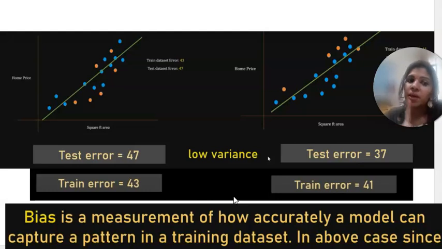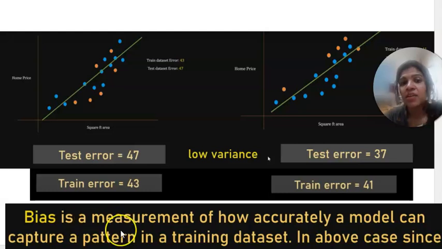Bias is related to the generalizability of the model. The model which we trained on the data set should have a general pattern to capture the unseen data also, that is test data also. But in the above case, our trained model failed to capture the unseen data. There comes the bias.